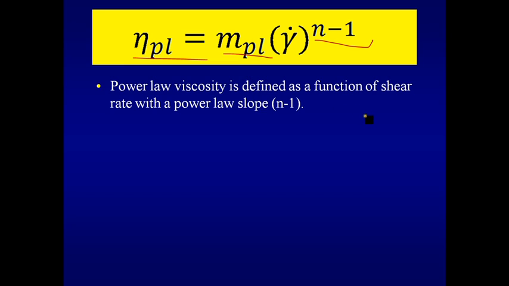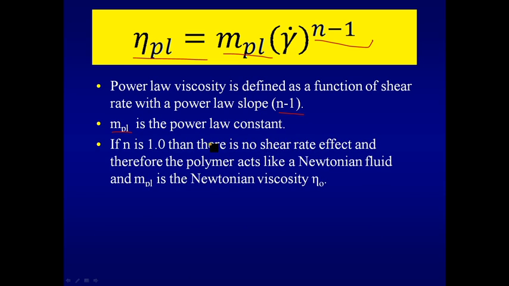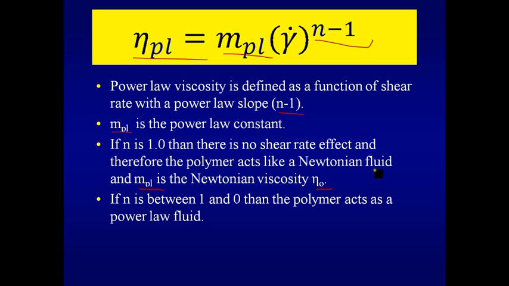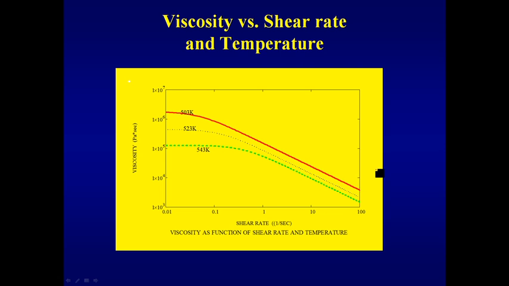The power law of viscosity is defined as a function of shear rate with a power law slope of n-1. MPL is the power law constant. If n is 1, then there's no shear rate effects, and MPL is essentially the Newtonian viscosity. If n is between 1 and 0, then the viscosity acts like a power law fluid.